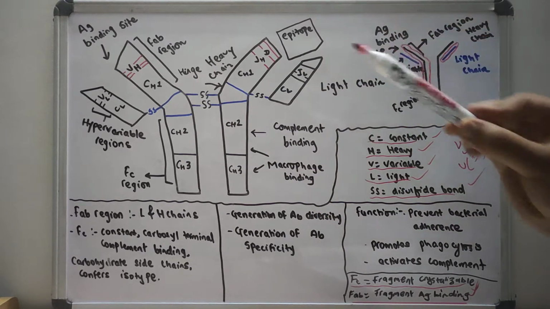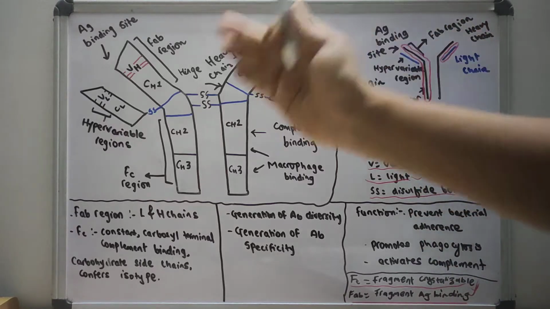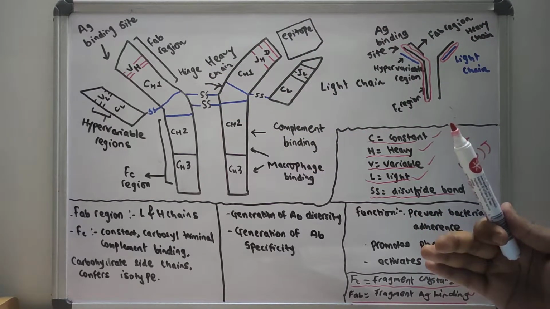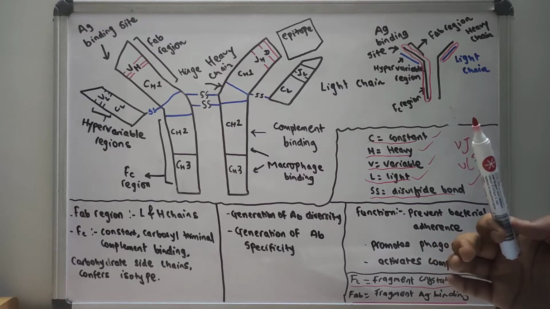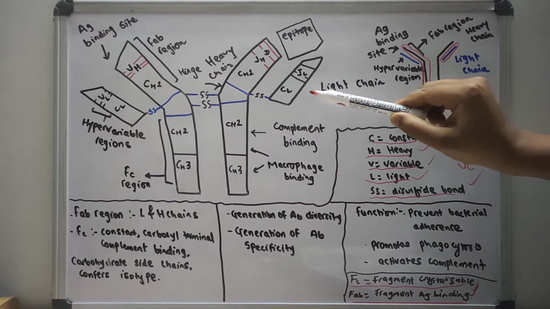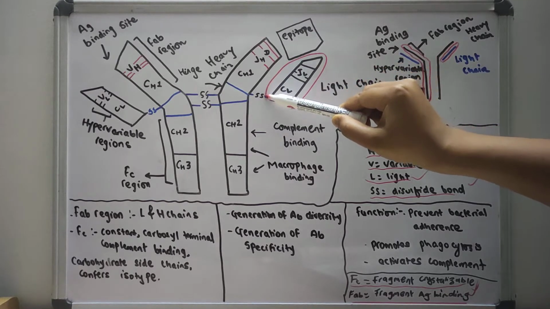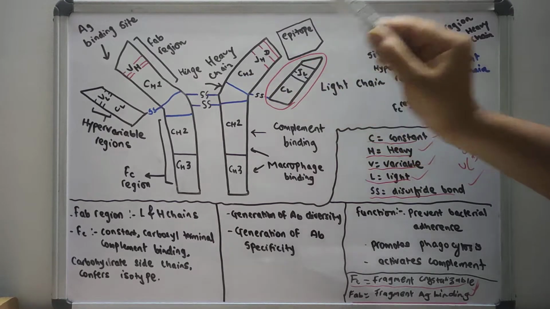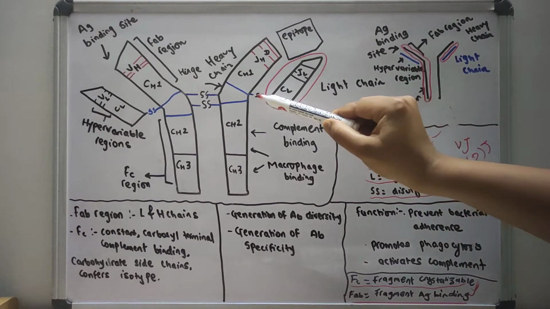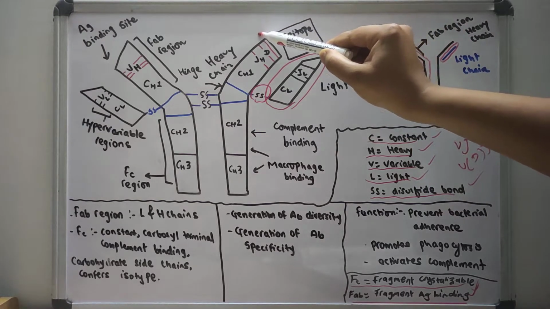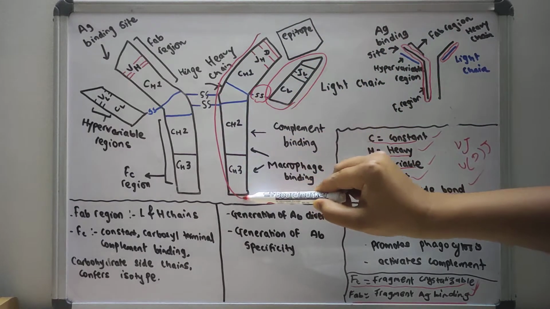Now let us go towards the more explanatory structure of the antibody. As I have already said, this is the light chain. The light chain is connected to the heavy chain by the SS, the disulfide bond. This whole region is the heavy chain.